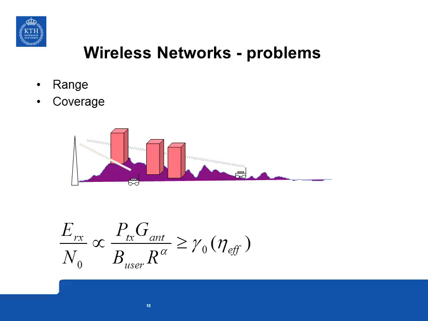And of course there are several constraints here. We cannot use too much transmit power, in particular if we have an energy constrained system. And in some cases the antennas, particularly on the mobile devices, cannot be very large, so the antenna gain tends to be very low. And all this limits the range and the coverage of such a system.